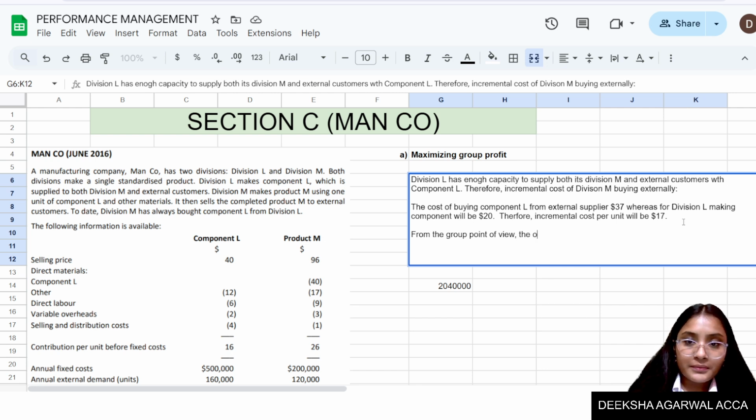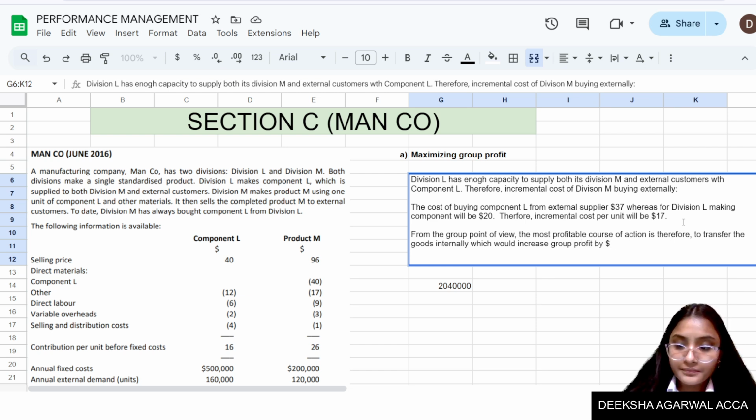The most profitable course of action would be to transfer the goods internally, which would increase group profit by this amount.